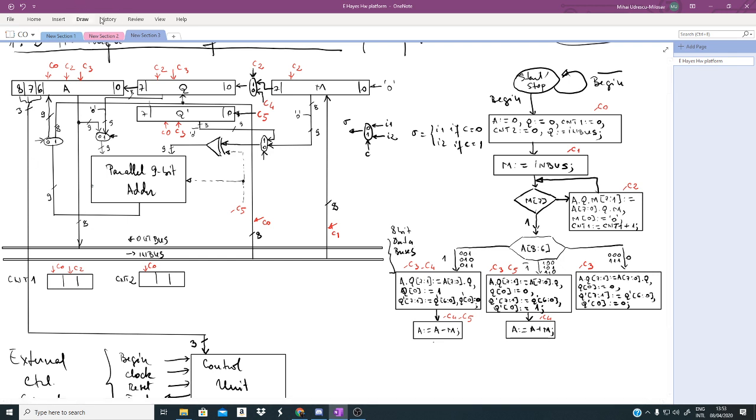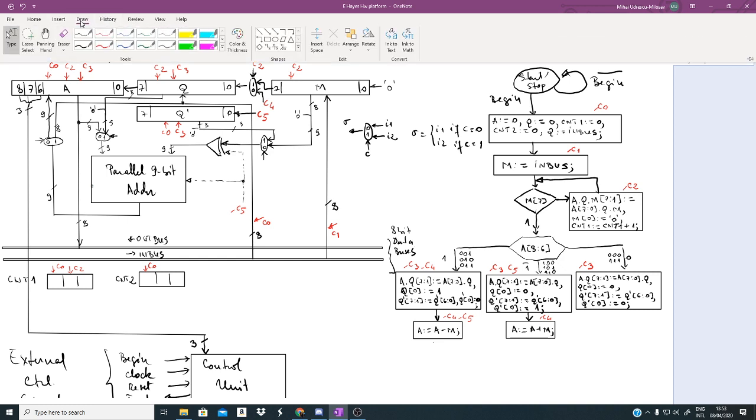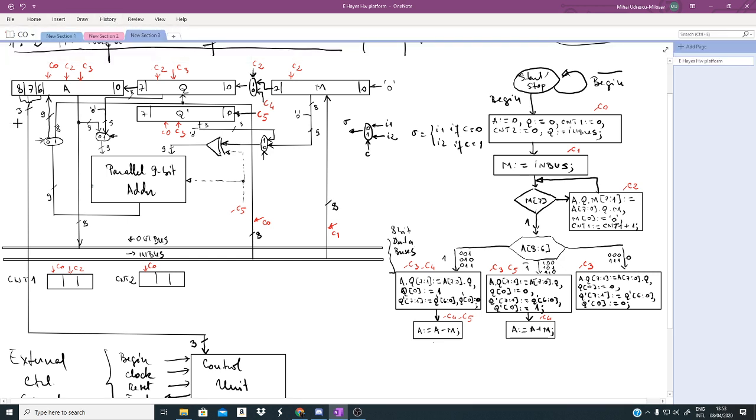Let me finish this as well, because this is important, such that next week we will pick things from a correct and complete drawing and hardware diagram.